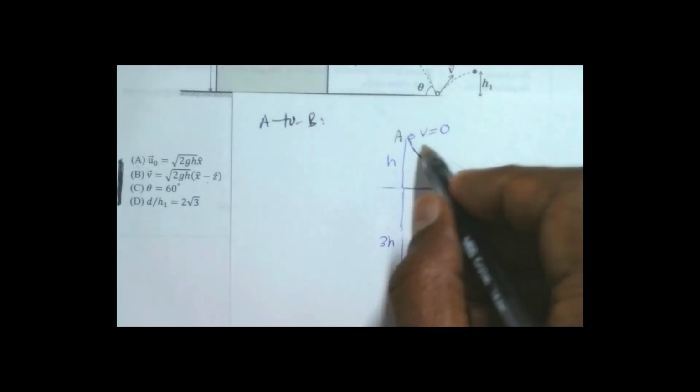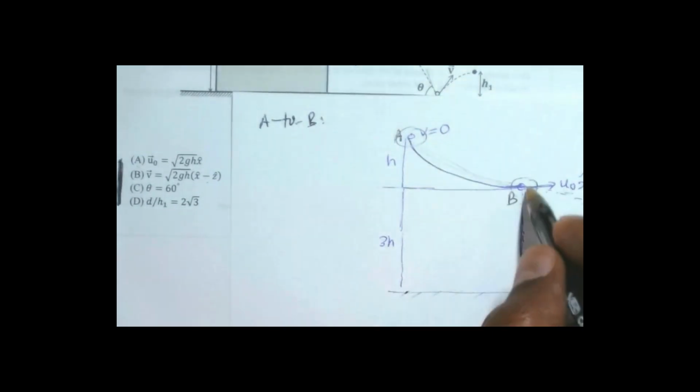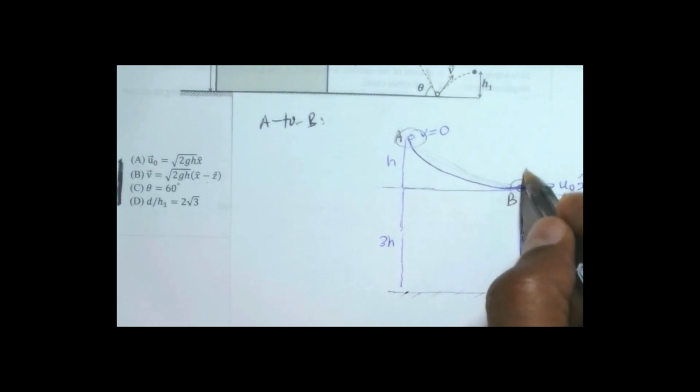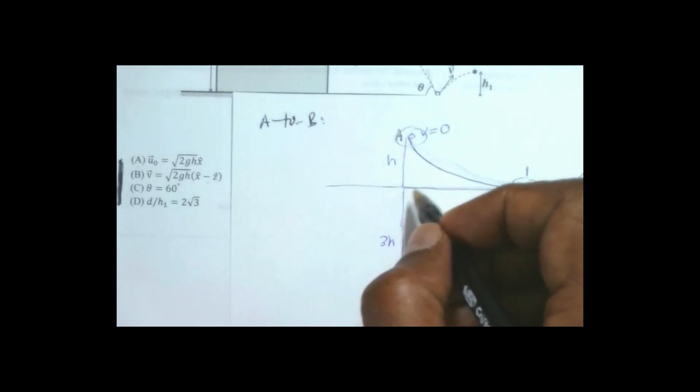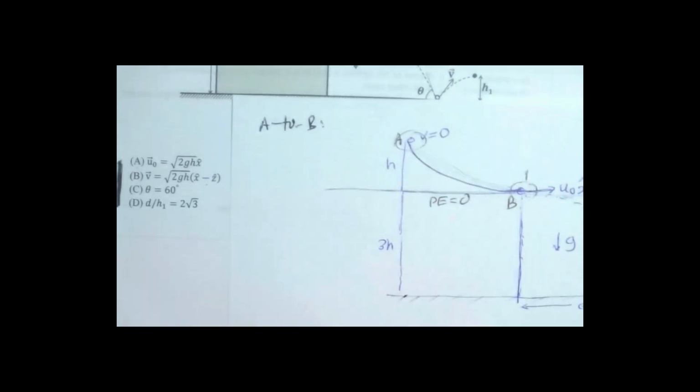So A to B motion, clearly energy here equals energy there. Here this is all kinetic energy, so we can say the potential energy is 0 reference.